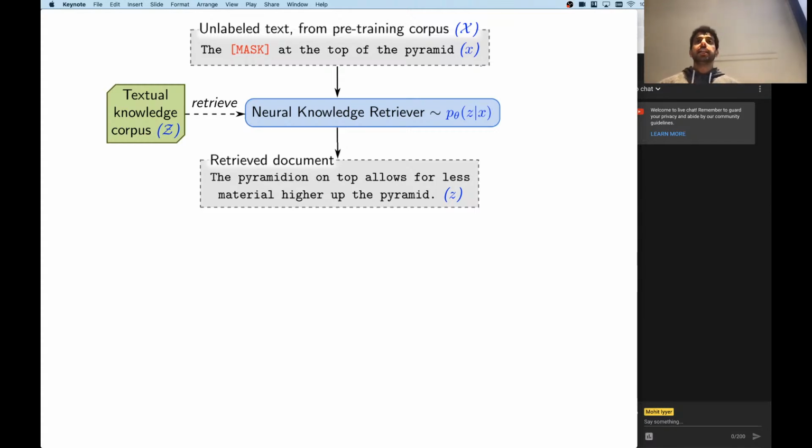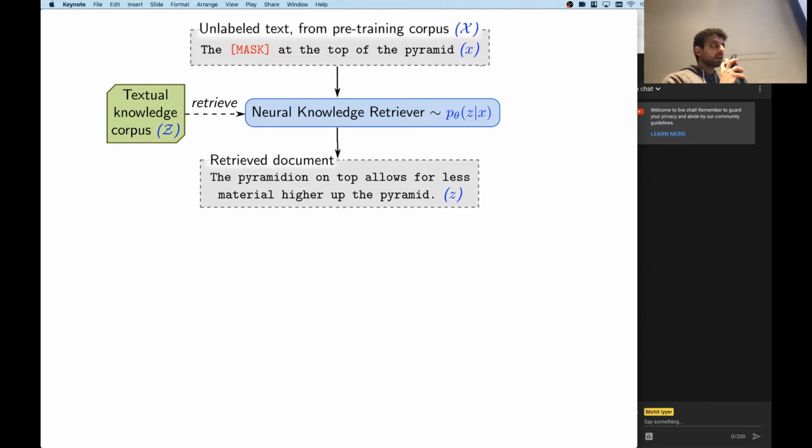So you can see that this general concept of retrieving is a way to get around just blindly scaling up your model. Because now, if you have a good way of encoding external knowledge, you can instead have your model first retrieve relevant documents and then condition its prediction on the retrieved documents. Does that make sense?